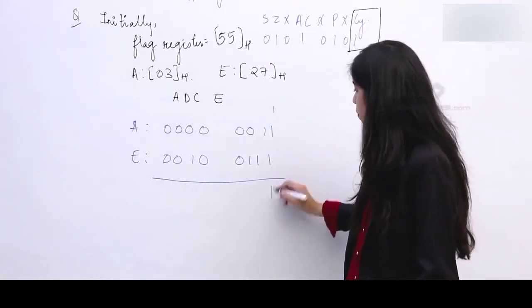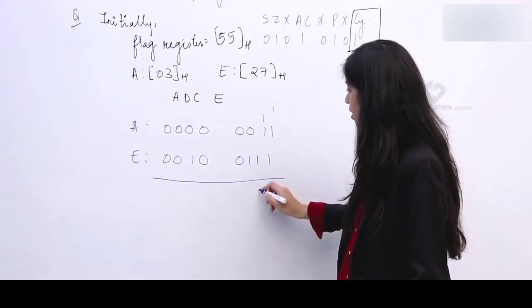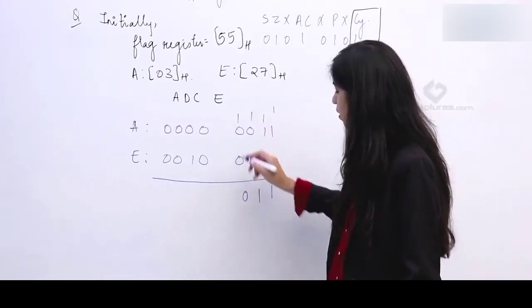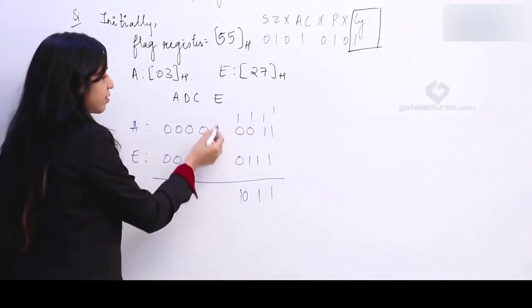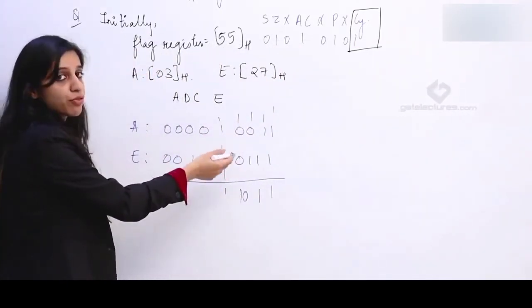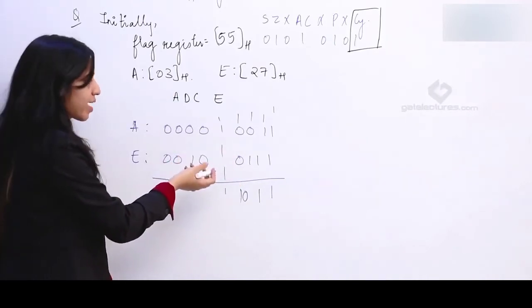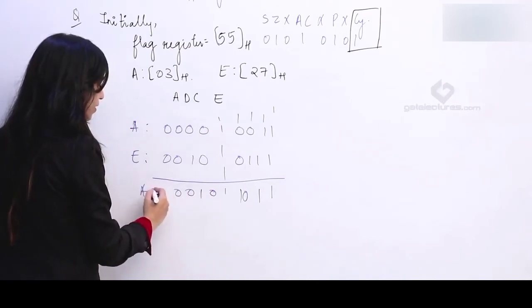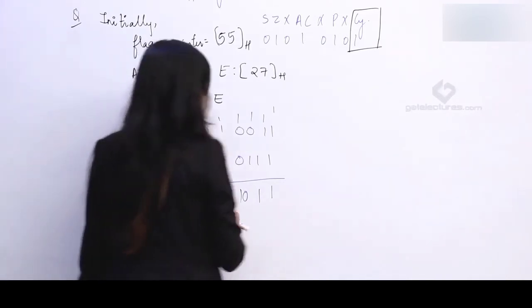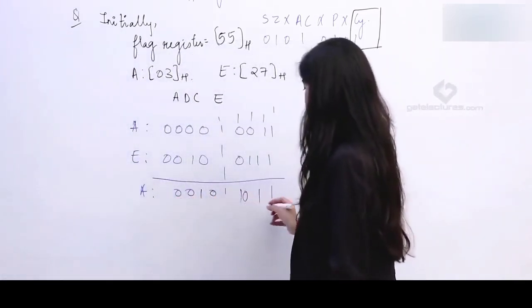So this is going to become 1 with the carry of 1, again 1, 1, 0, 1, 1. See, now there is no auxiliary carry. We are not getting any carry from lower 4 bits to upper 4 bits, so auxiliary carry is going to be 0. So final contents of register A are going to be 0, 0, 1, 0, 1, 0, 1, 1.